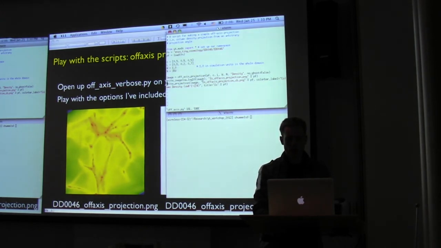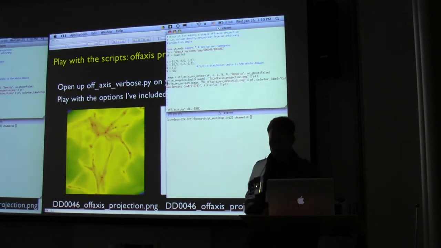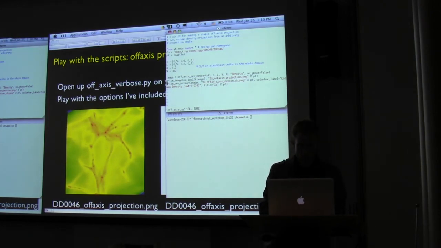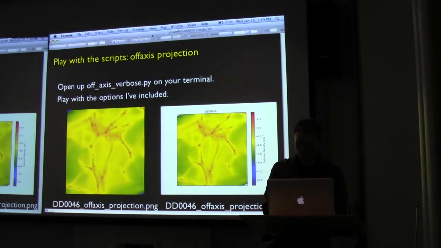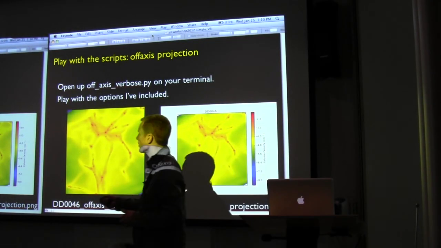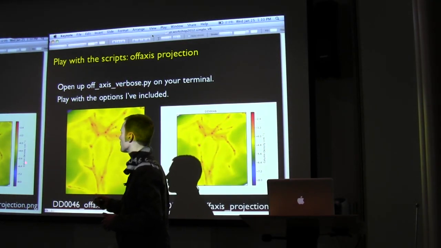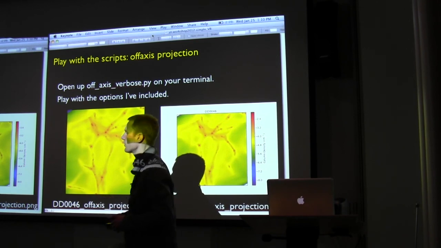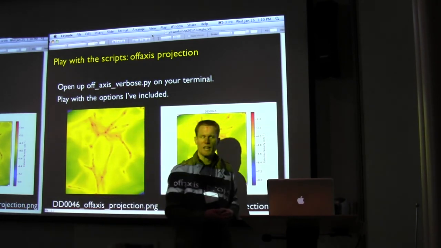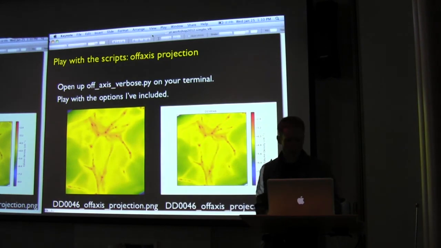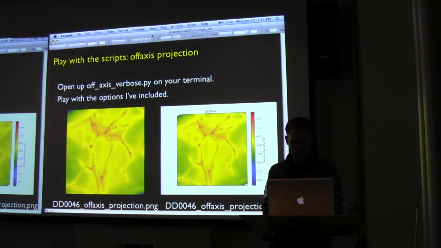I've also included this function called write projection, which makes a nicer looking version of this, depending on your opinion. It includes this version, which actually has the color bar associated with the column density map on the side, and it allows you to specify a title, that sort of thing.